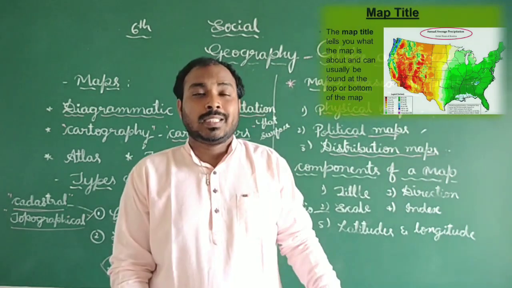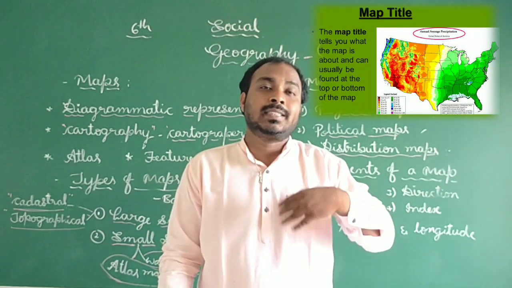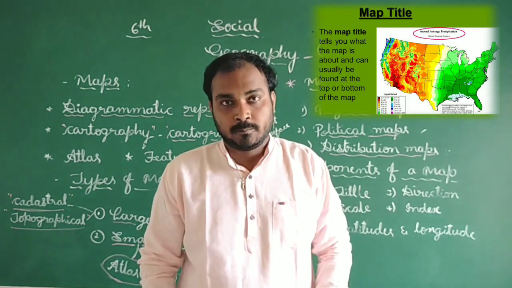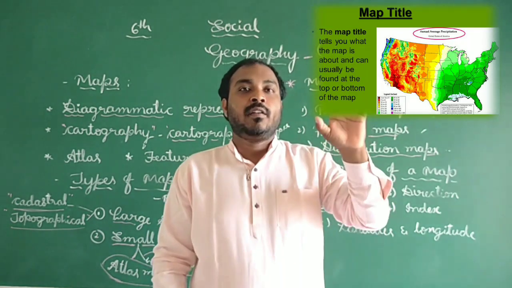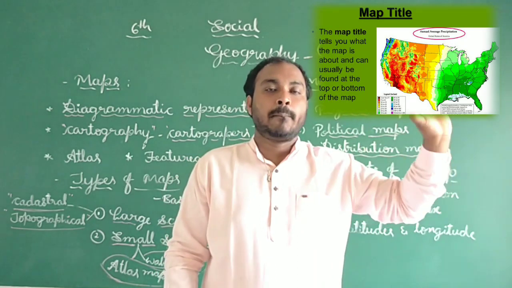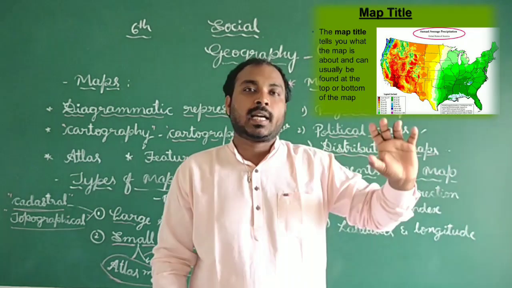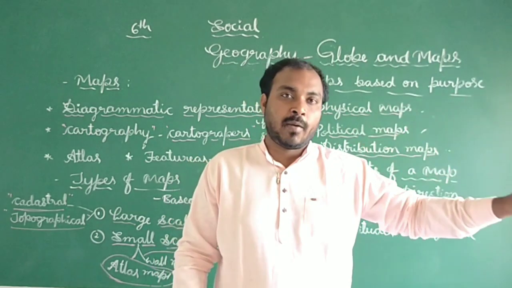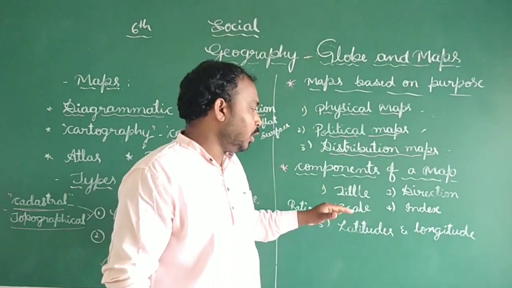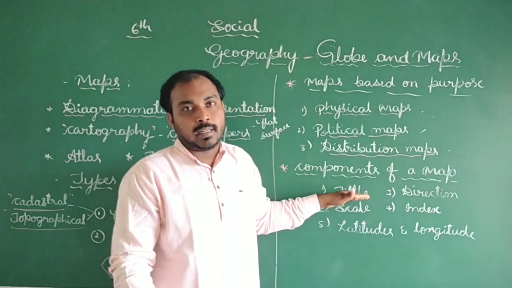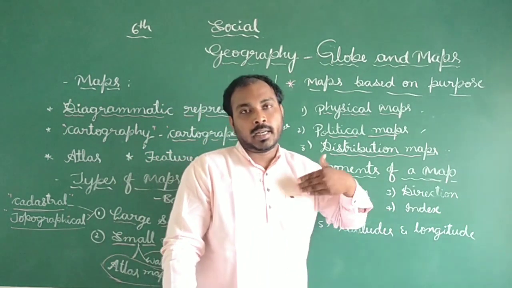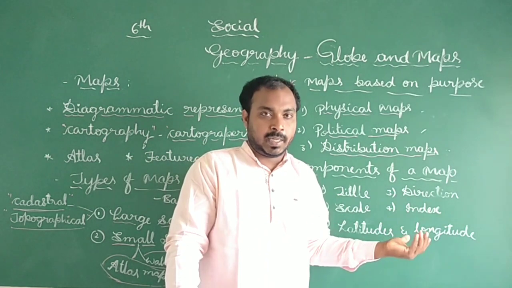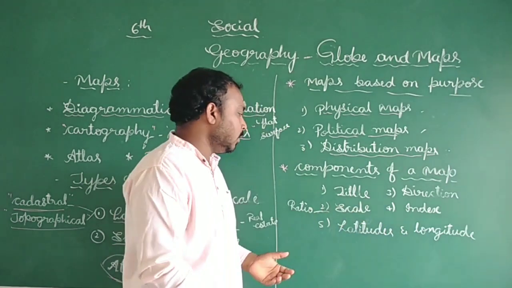The title says which kind of map it is, for example Indian physical map, Indian political map or Indian distribution map. We should mention this kind of title because the title explains what kind of map it is. The next one is the scale.